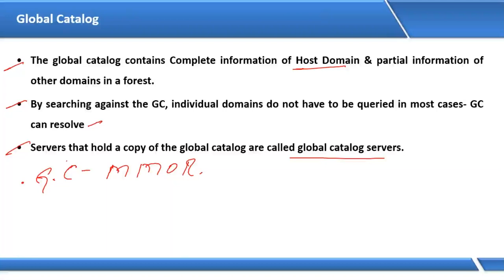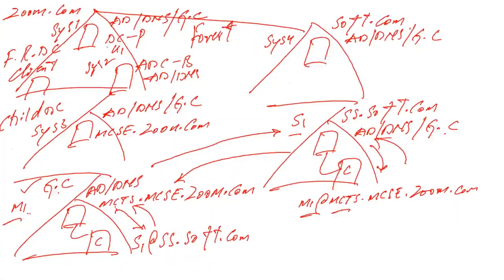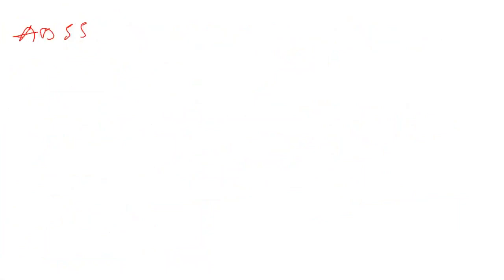Okay, so please write down: in system1 DC server, open the ADSS console. Then write down: expand the sites.